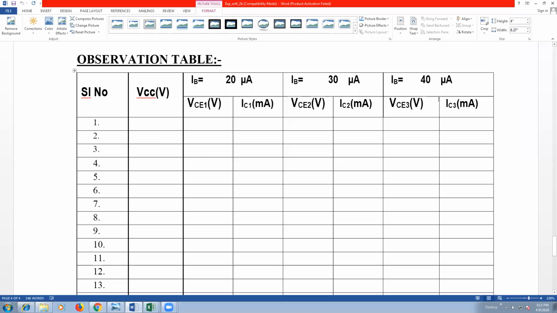Then proceed with IB at 40 microampere, and similarly take the readings of the corresponding VCE and IC by varying VCC. Then plot the graph in an Excel sheet and verify that the graph is coming out okay or not.